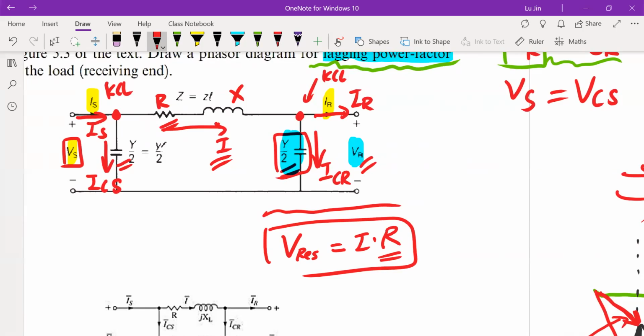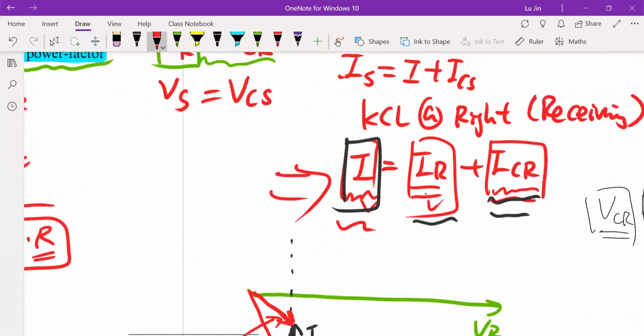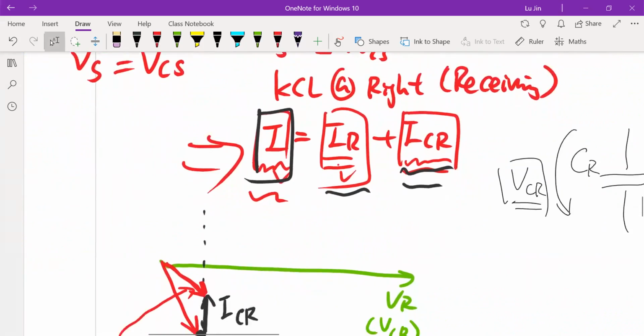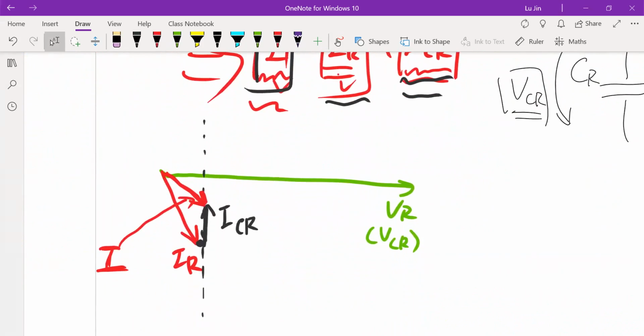That means the resistor is not able to change the angle between the current and the voltage across it. So such voltage across the resistor must point in the same direction as the current I. So here, at the end of the V_R, we are going to draw a vector which is parallel with the current vector.